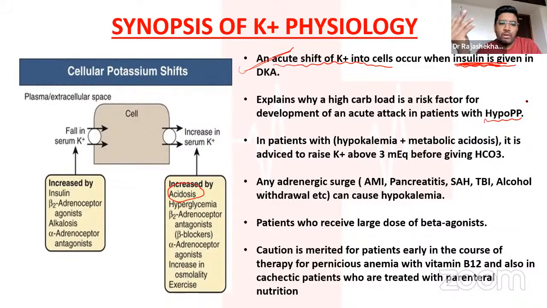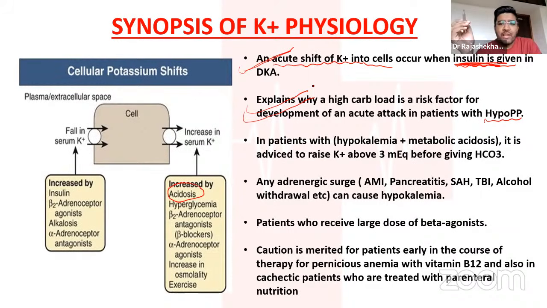If you take a lot of carbohydrates, there is going to be increased secretion of endogenous insulin, which is going to cause a sudden shift of the potassium into the intracellular component, which might precipitate an attack of hypokalemic periodic paralysis. That's why the first and foremost advice we give to a patient of hypokalemic periodic paralysis is not to take heavy carbohydrates in their food.